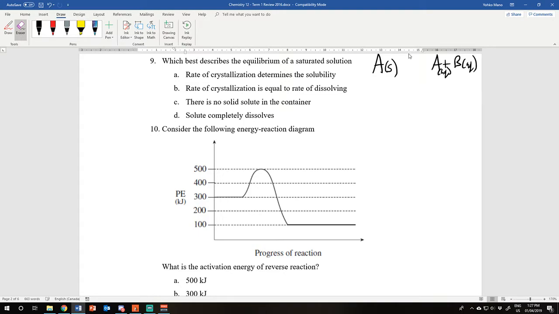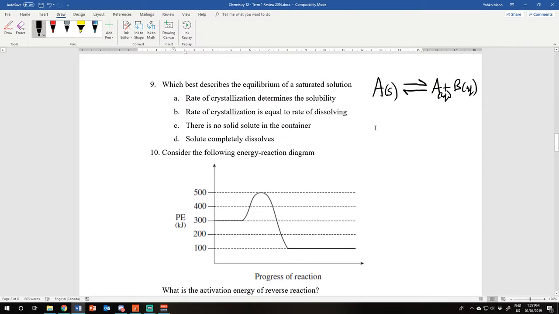So when it's saturated, there is a forward reaction, but then the reverse will happen too, where some of the dissolved ions will go back and reform the solid. So what happens here is that the rate of crystallization, the ions reforming the solid, is equivalent to the rate of dissolving, which is the solid turning into ions. So that's what happens in a saturated solution.